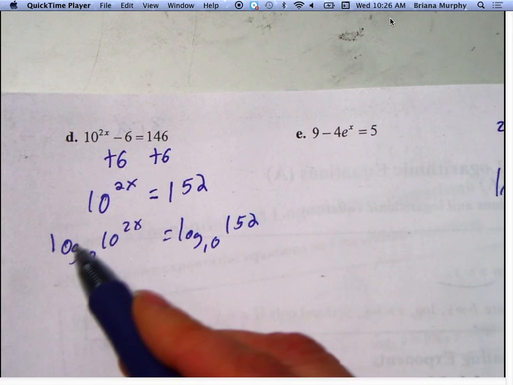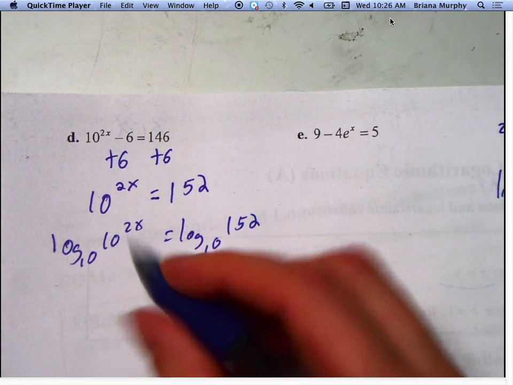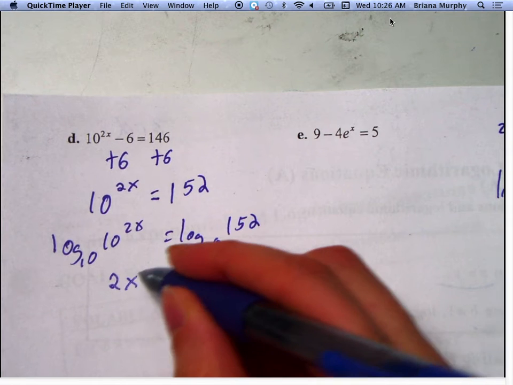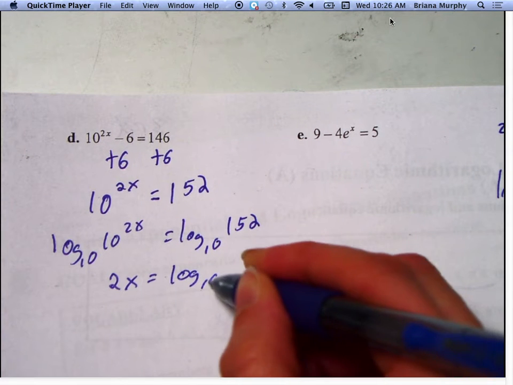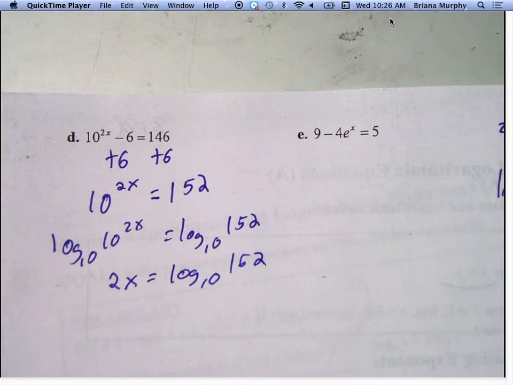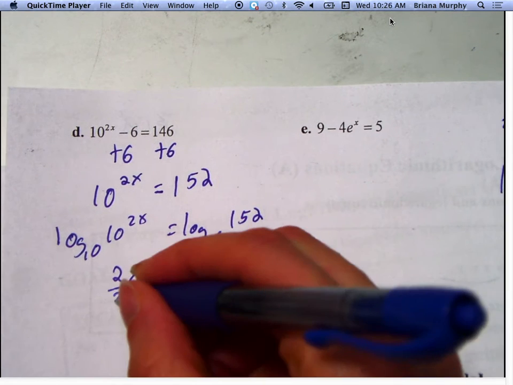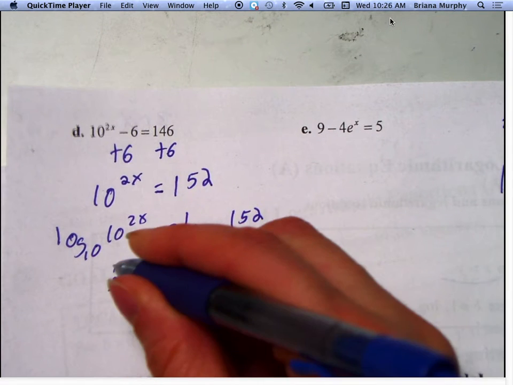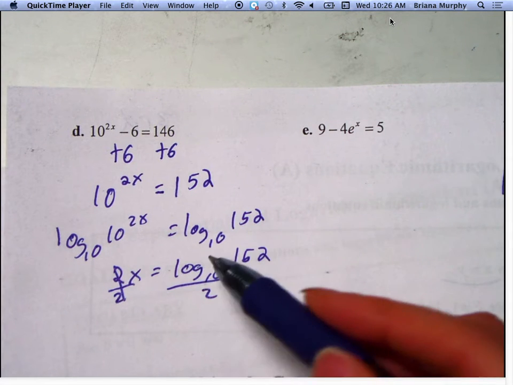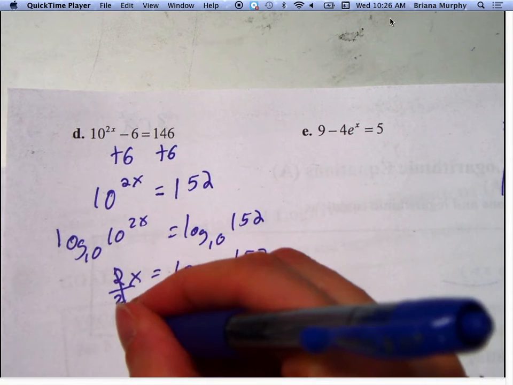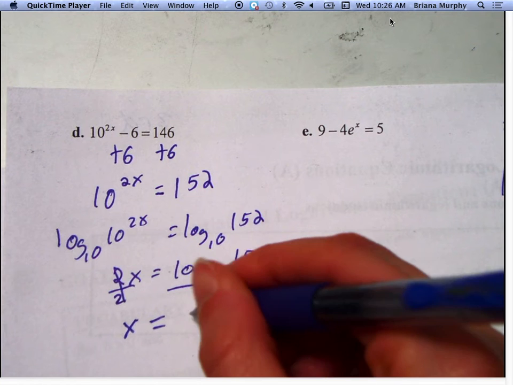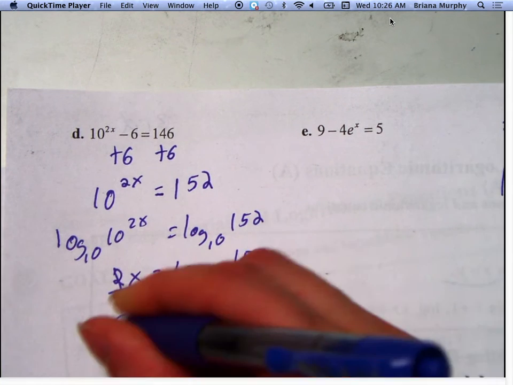We know log base 10 of 10 gives us 1, and we can use the power rule to give us 2x equals log base 10 of 152. And how do we get rid of that 2? Divide by 2. And we don't need to do any change of base because it's already log base 10. So we're just going to get x equals, yeah, we'll just keep it as 1.09.